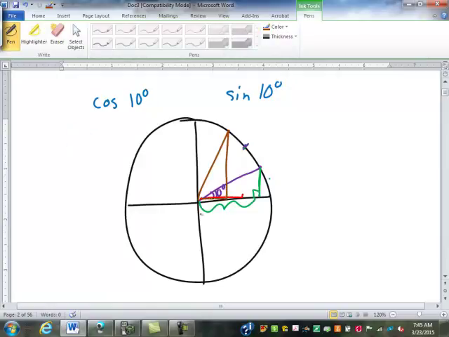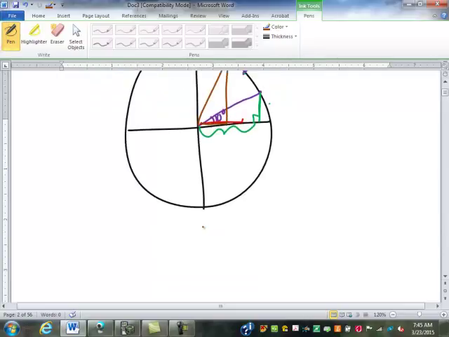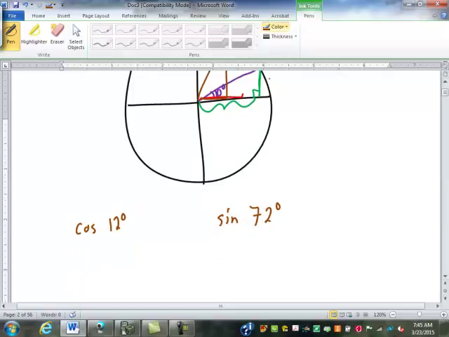With that knowledge then, which one of these would have to be bigger? What's that? Careful. Remember, sine of 72 is going to be equivalent to the cosine of 18. Right? The complement of 72 is 18.